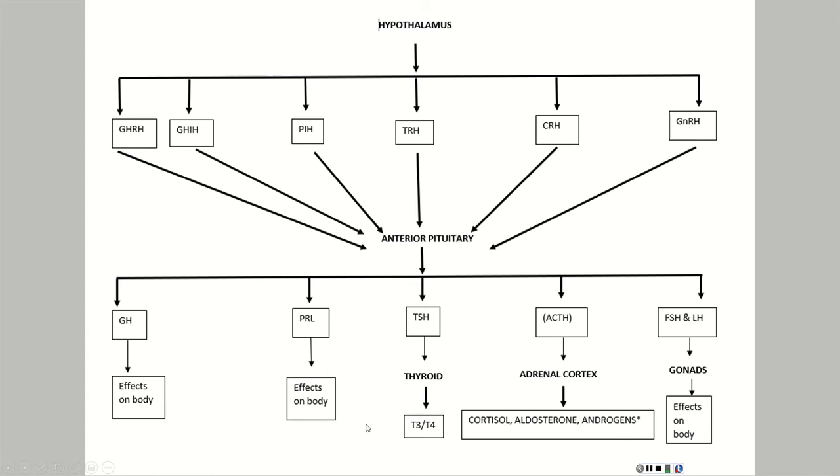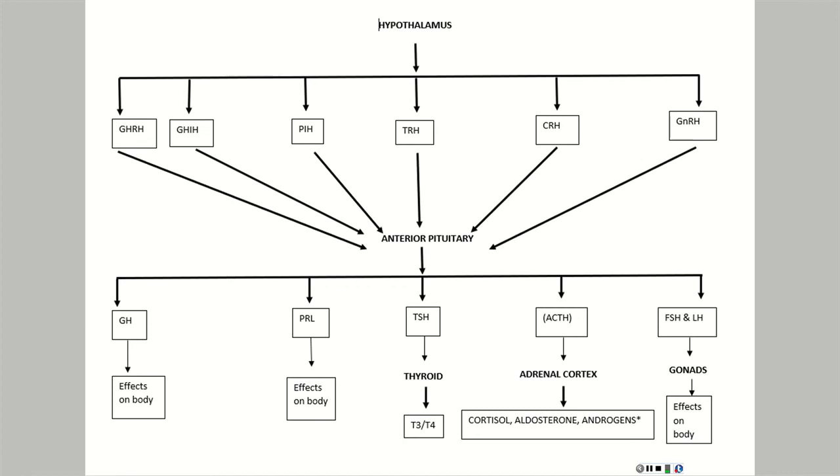So when we have hyperthyroidism or hypothyroidism, and next class when we start talking about hyper and hyposecretions at the adrenal gland, if it's a problem with the thyroid or the adrenal gland, so if it's a problem with the bottom of this chart, we say that it is a primary disorder.